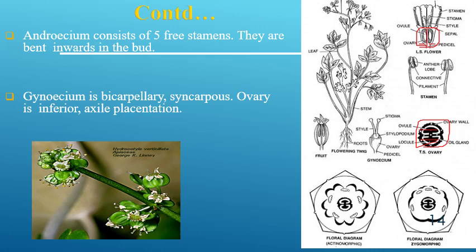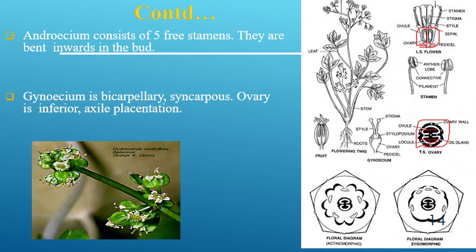And the placentation in Apiaceae family is axile. As you know, in this placentation, gynoecium is polycarpellary and syncarpous, and the fused margins of the carpels grow inward in the center of the ovary.